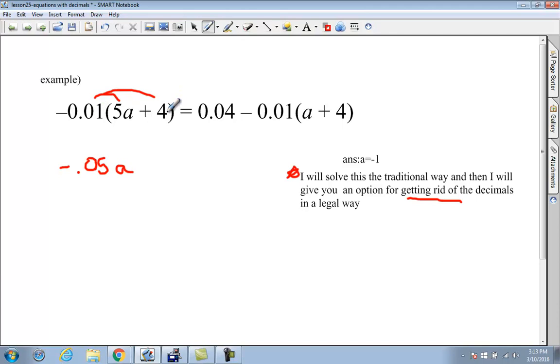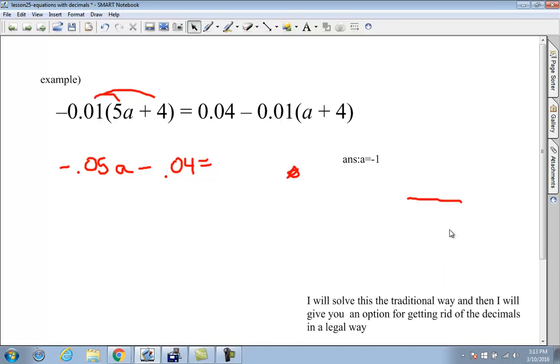0.01 times 4 is just 0.04, but again, a negative times a positive is a negative, so we'll say minus 0.04 equals, now let me scoot all this stuff down. Equals, okay, now here I have to distribute again, so 0.01 times a is just 0.01a.